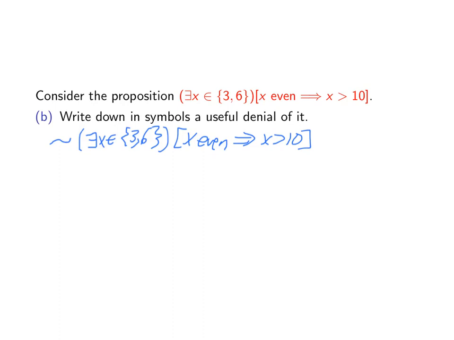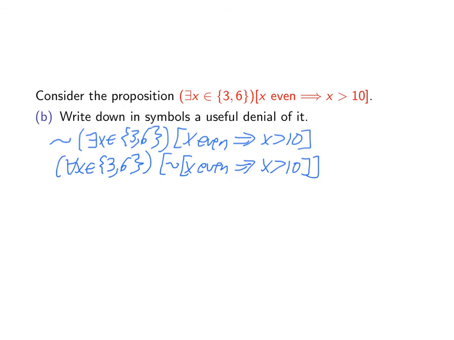Next step, we will do the standard transformation of changing a not exists to for all not. And finally, so that's what it looks like, and finally we will negate the implication statement by turning it into an and statement with the premise intact and the conclusion negated.